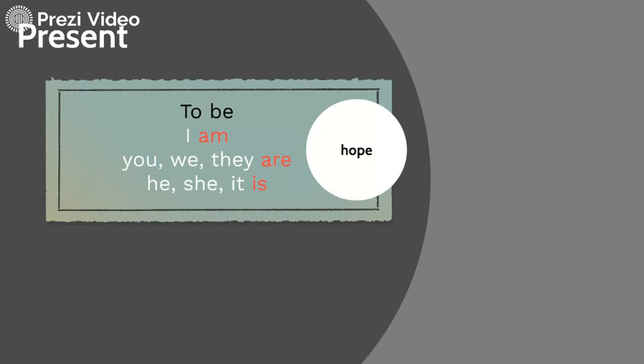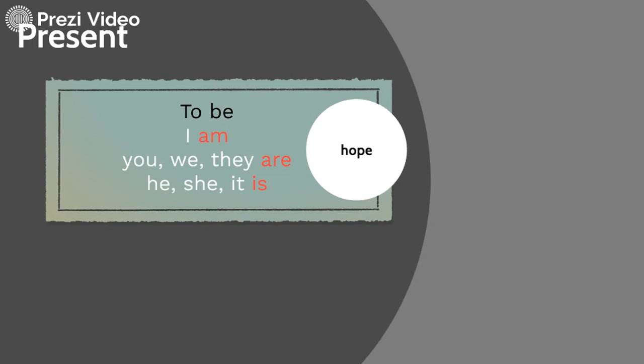So in the present tense, if we want to turn a verb into present tense progressive, we first take that verb to be and we just change it to the present form of to be. So I am, you, we, they are, and he, she, or it is. And remember that he, she, or it, we can change those to names or the thing that we are talking about.